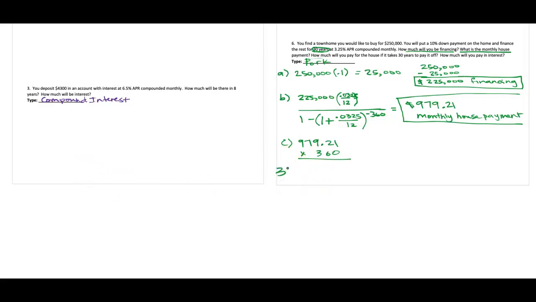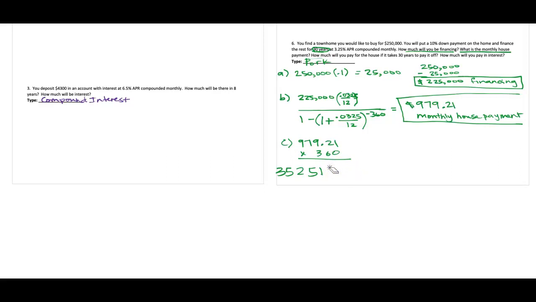So let's see, did you get 352,517.12? Oh, sorry, I accidentally left the number in there and I didn't truncate it at 0.21.